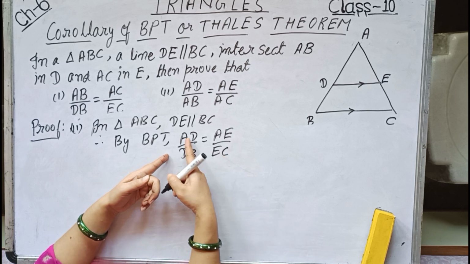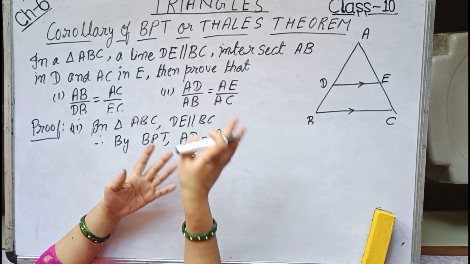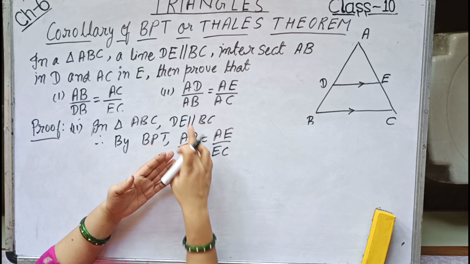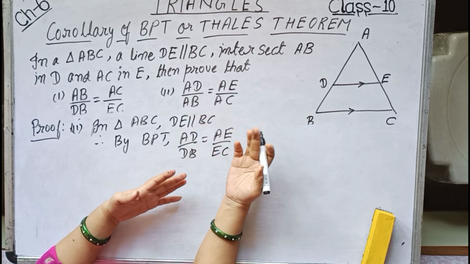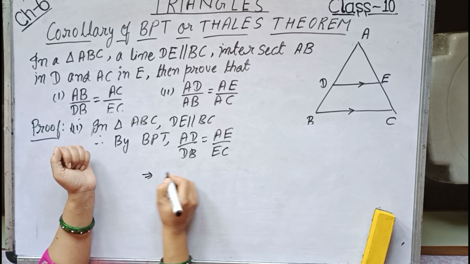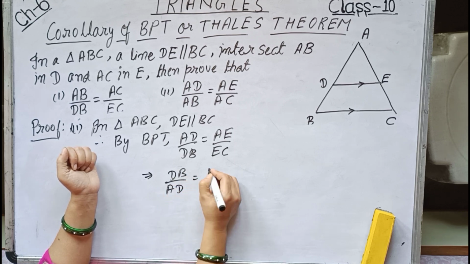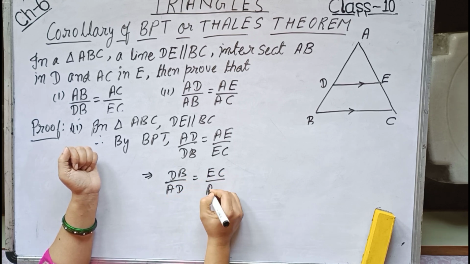Now, AD and AE I have to leave as such, and I have to convert this DB and EC to AB and AC. The numerator cannot be changed by adding or subtracting, so I will have to reverse it. Now this implies DB by AD equals EC by AE.